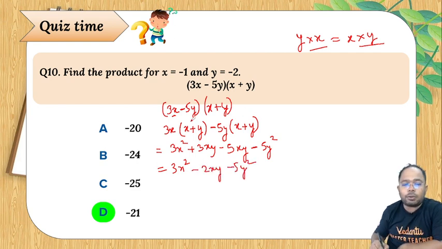Now putting the values, x equal to minus 1. So 3 into minus 1 square, minus 2 into minus 1 into minus 2, minus 5 into minus 2 whole square. Minus 1 whole square is 1.